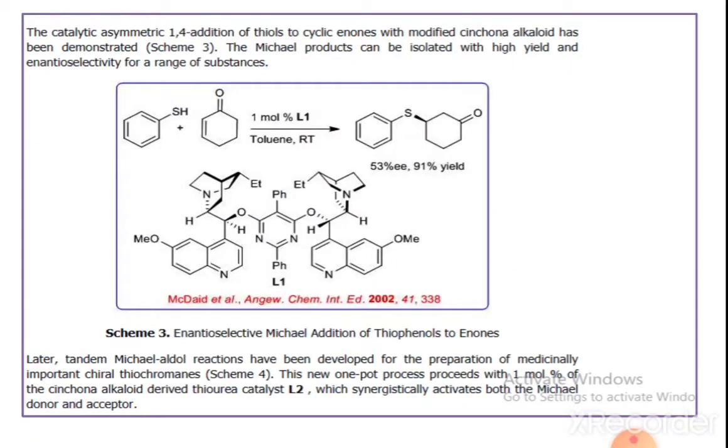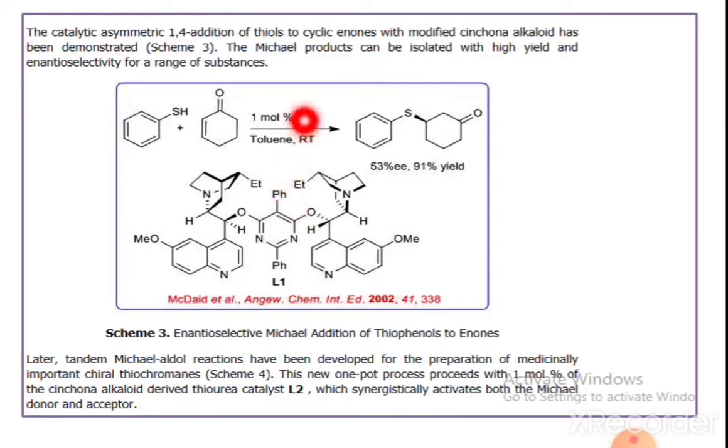Now the catalytic asymmetric 1,4 addition of thiols to cyclic enones with modified cinchona alkaloids has been demonstrated in scheme number 3. Here the Michael products can be isolated with high yield and enantioselectivity for a range of substrates.